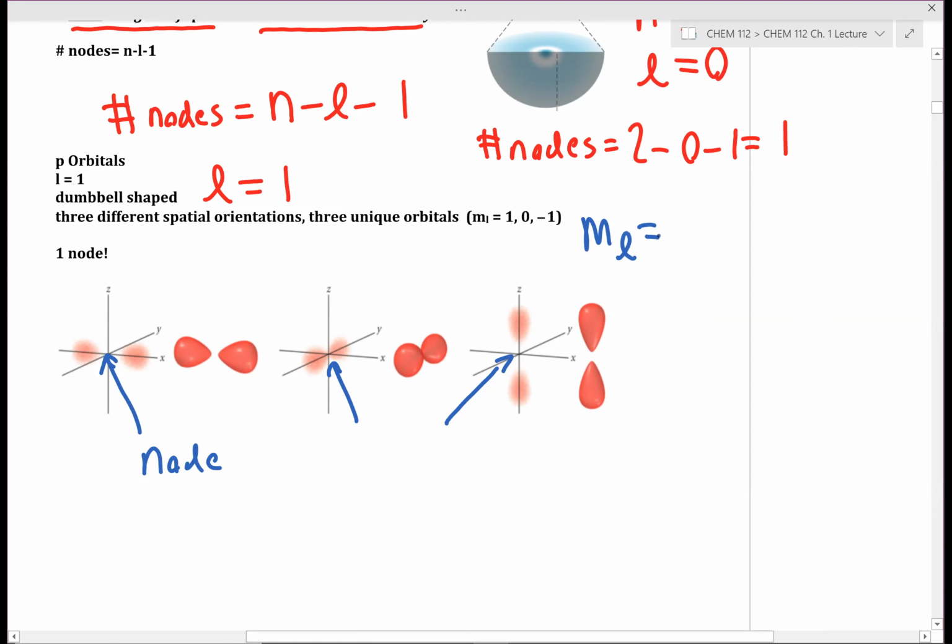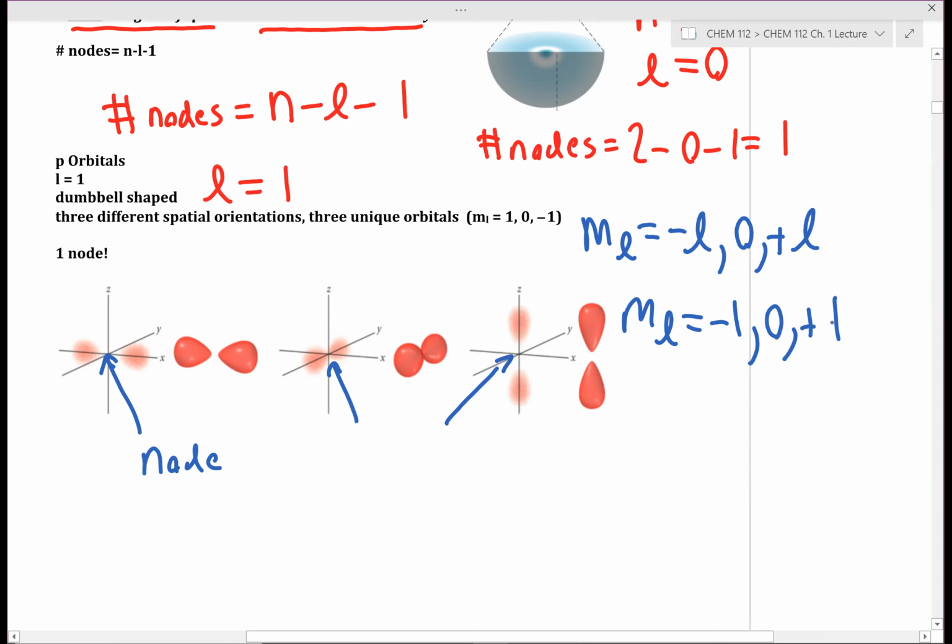If ML goes all the way from negative L to 0 to positive L, let's write out all of our unique orientations. So if we have L is equal to 1, what number can we write? Negative 1, yep. 0 is a freebie. And finally, positive 1.